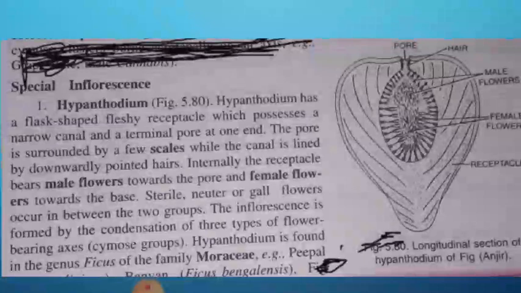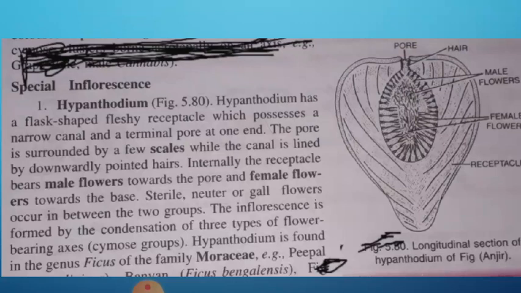The pore is surrounded by a few scales, while the canal is lined by downwardly pointed hairs.